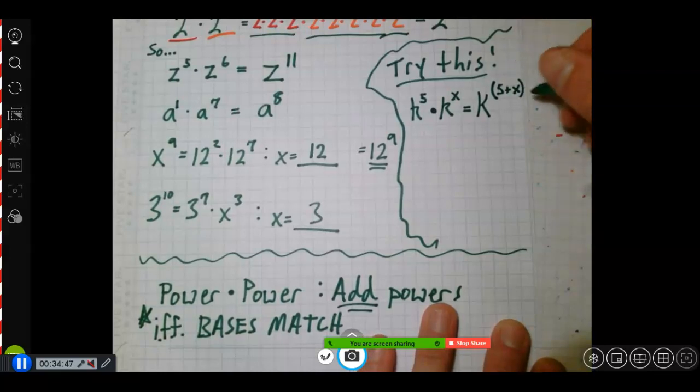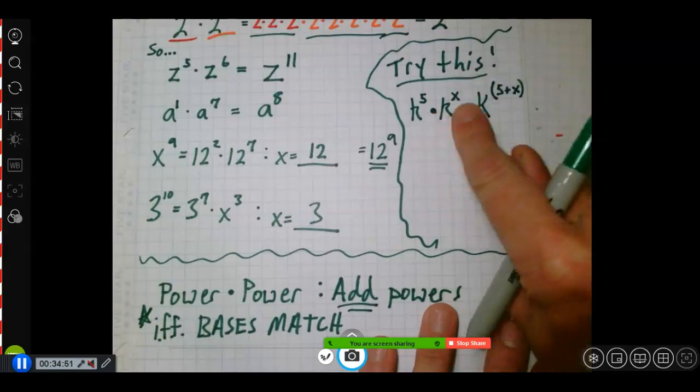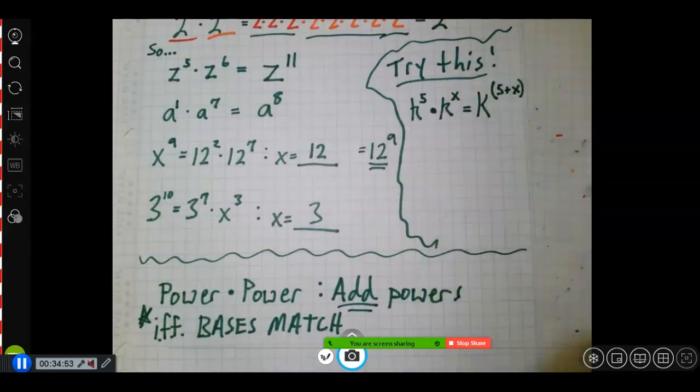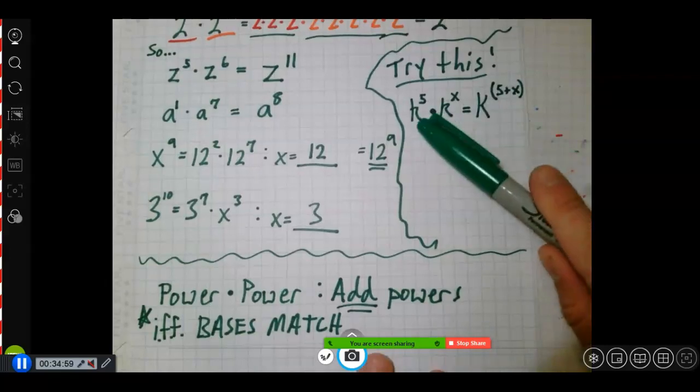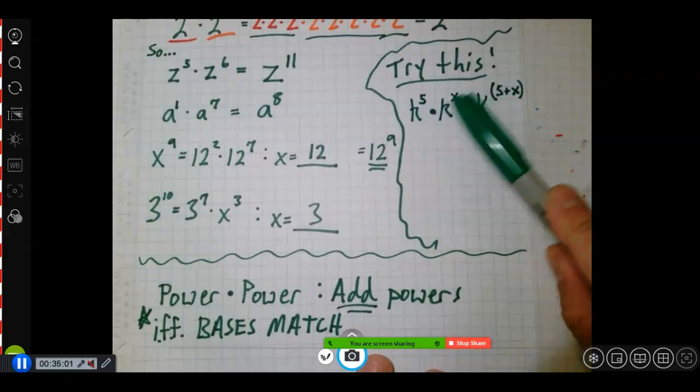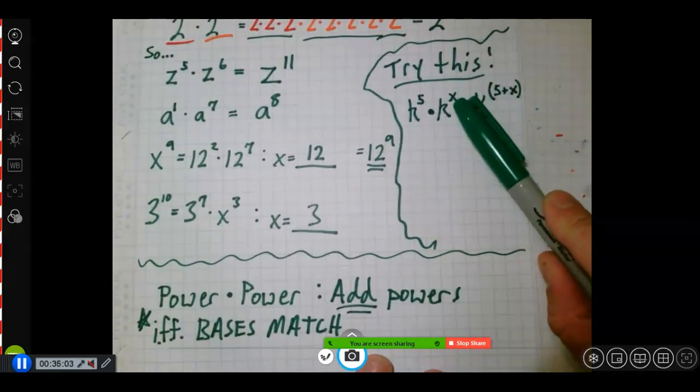You're absolutely right, because we have to add the powers. Now, that brings up the question of when would it be 5 times x? When would powers multiply with each other?